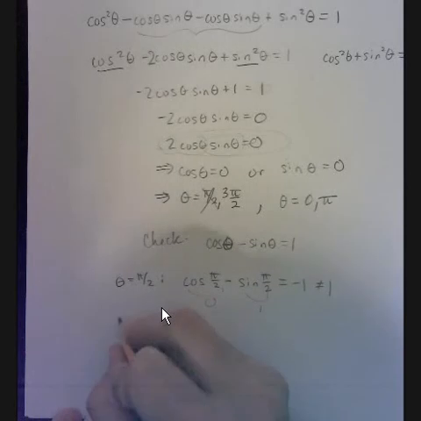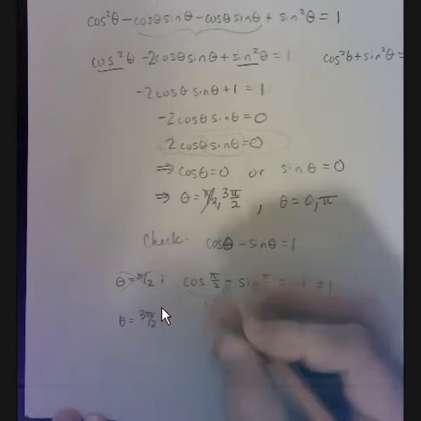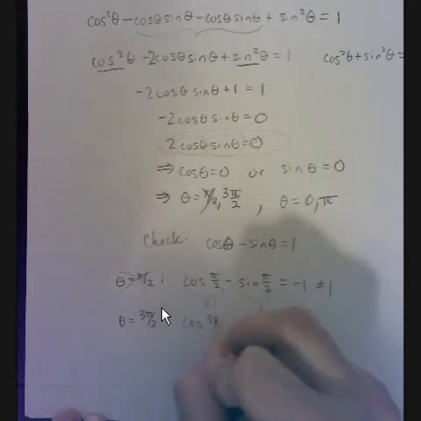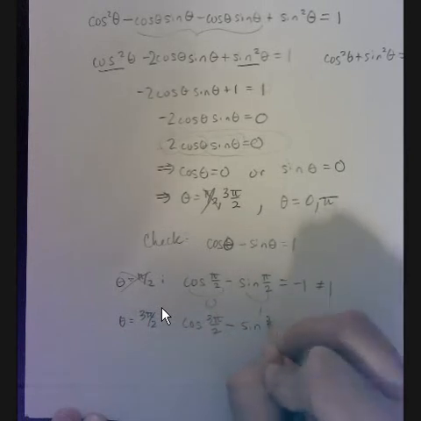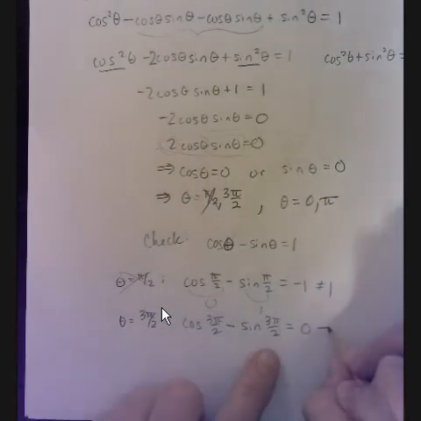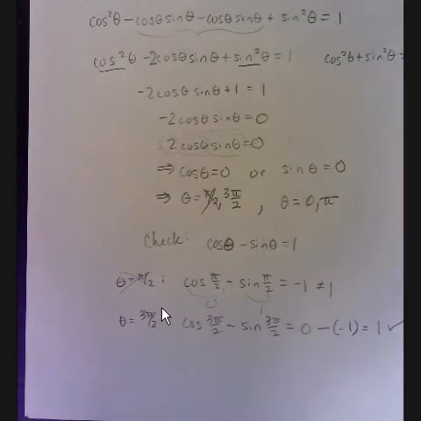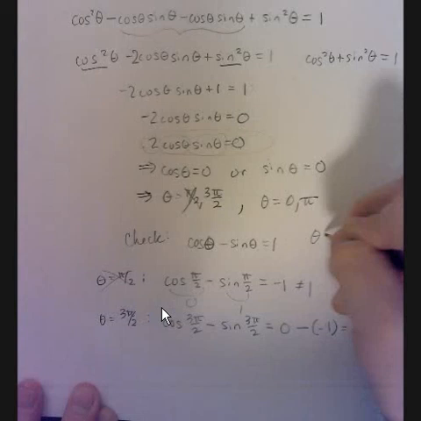That one doesn't work. Theta equals 3 pi over 2. We've got cosine 3 pi over 2 minus sine 3 pi over 2, which is 0 minus sine of 3 pi over 2 is negative 1, and that does equal positive 1. So that one works. I'm just going to list the solutions here.